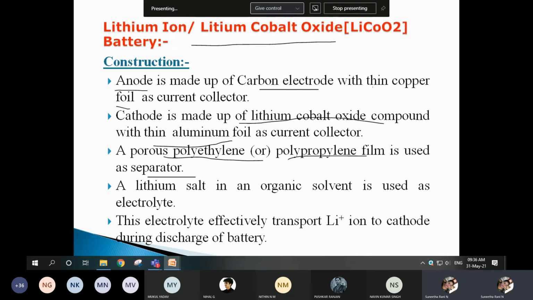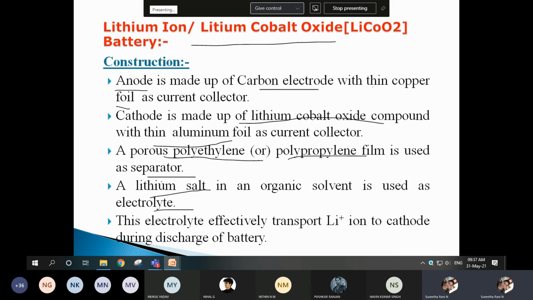And the electrolyte we are using is lithium salt, maybe lithium chloride, lithium nitrate, lithium borate. So lithium salts in an organic solvent are used as the electrolyte. So anode is carbon electrode, cathode is lithium cobalt oxide, separator is polyethylene or polypropylene, and lithium salt is used as the electrolyte.